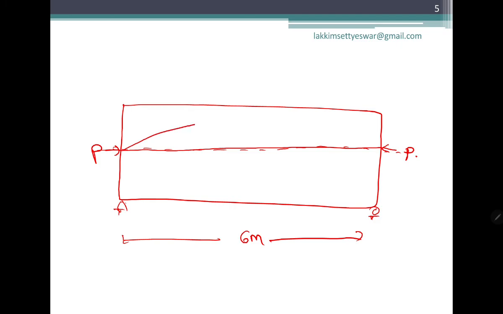The pressure line is shifted like this. At the center we got a value of 100 mm. So this is the pressure line, the distribution of stress and location of the pressure line. Thank you for listening.